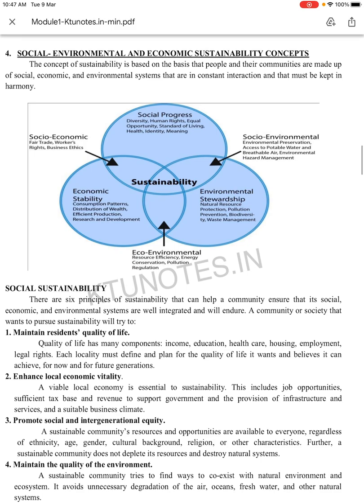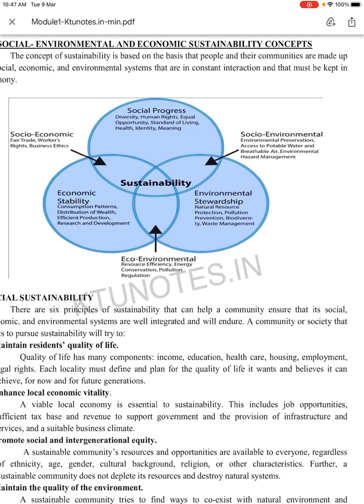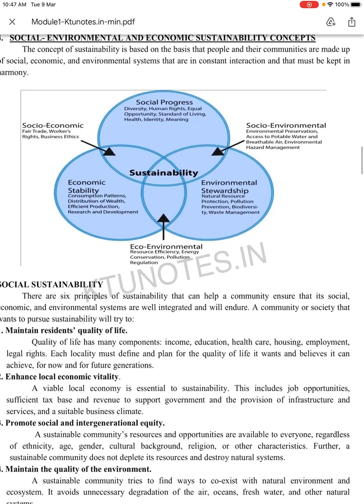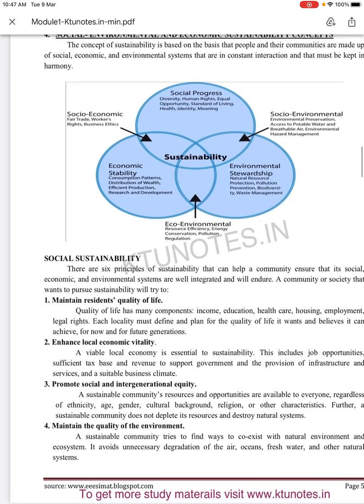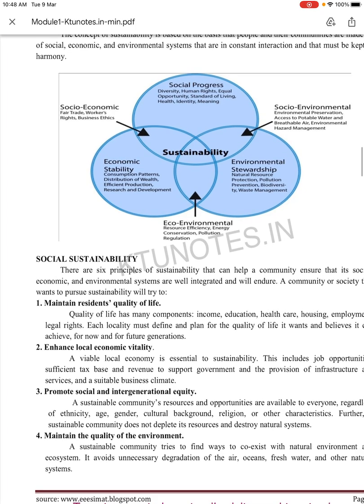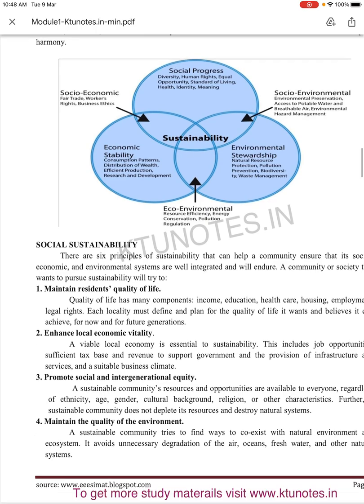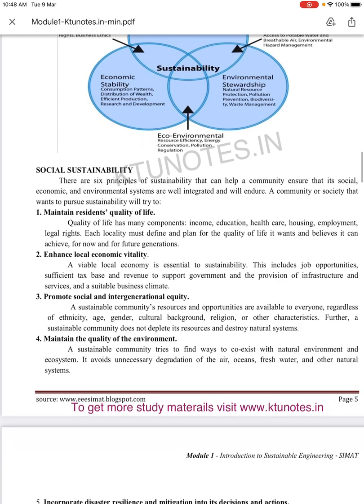Next is social and environmental sustainability, which covers environmental prevention, access to potable water and breathable air, and environmental hazard management. The third is environmental and economic sustainability, that is eco-environmental sustainability: resource efficiency, energy conservation, pollution regulation, etc.